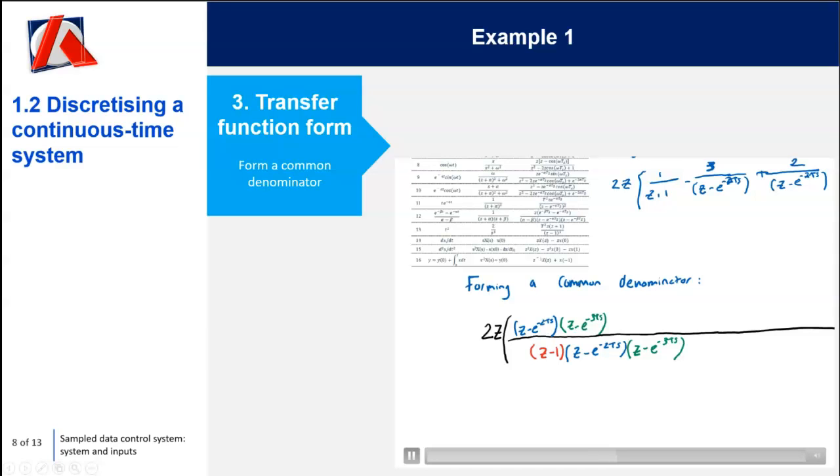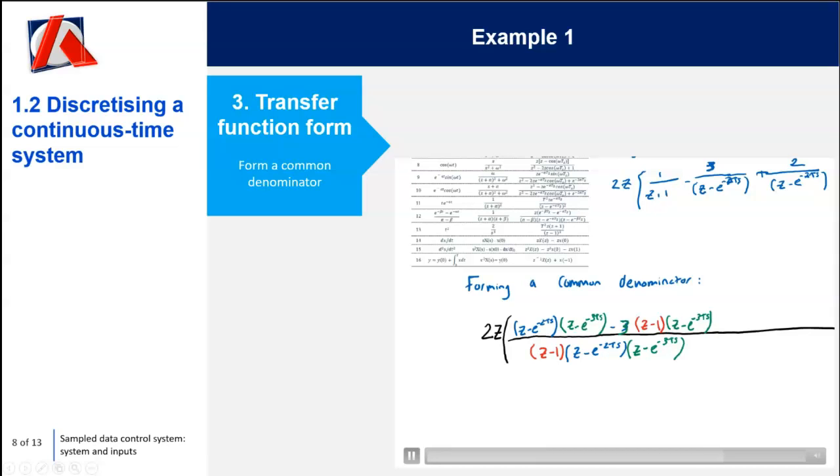And then likewise, if you move to this one, which 2 would we need? So it'd be z minus 1 and z minus e to the minus 3ts. And just remember this 3 here, okay? So we need to keep the 3. So 3, z minus 1, as I said, z minus e to the minus 3ts.